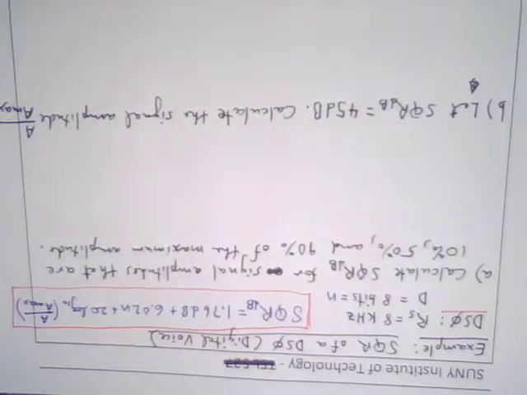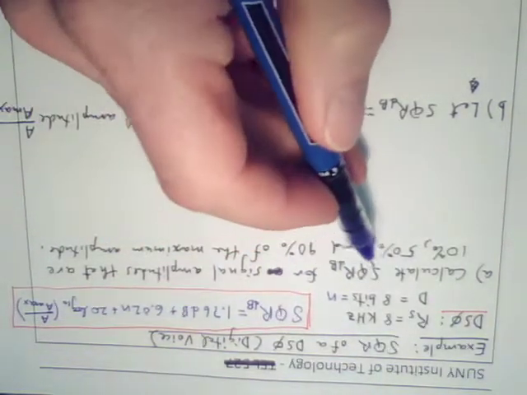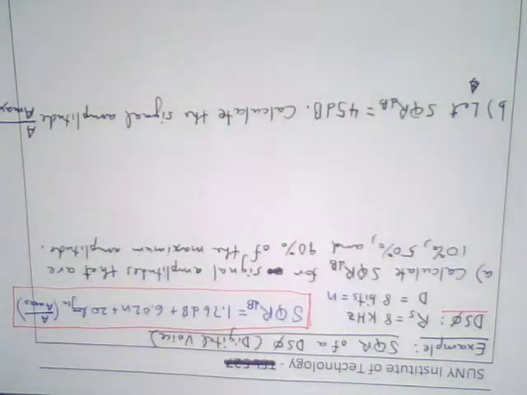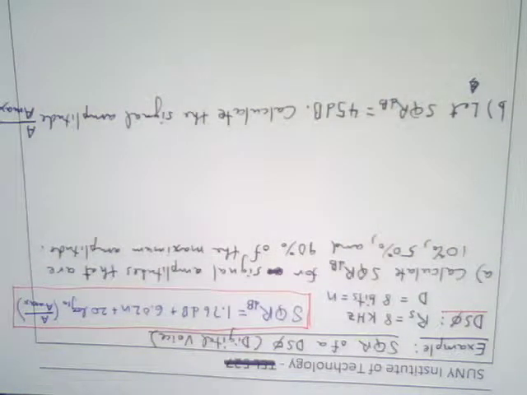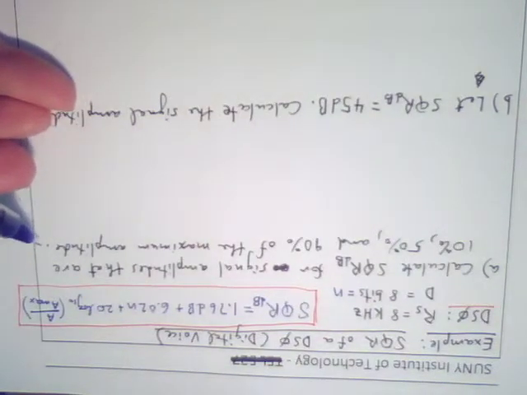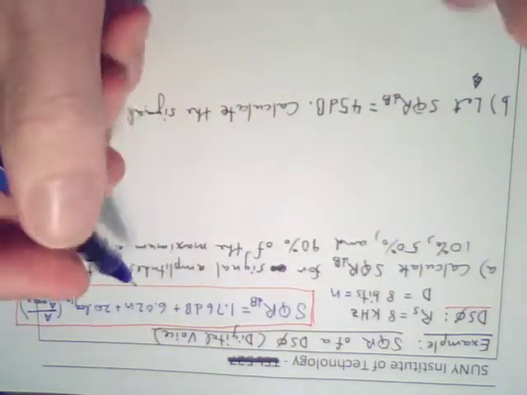Okay, so part A of the problem, calculate the SQR in decibels for signal amplitudes that are 10%, 50%, and 90% of the maximum amplitude. So basically we're just going to plug into this equation.